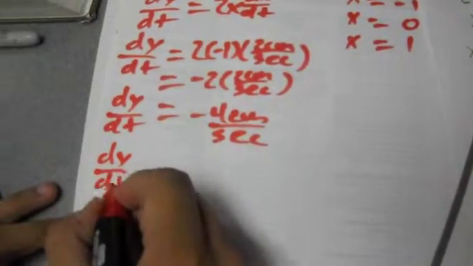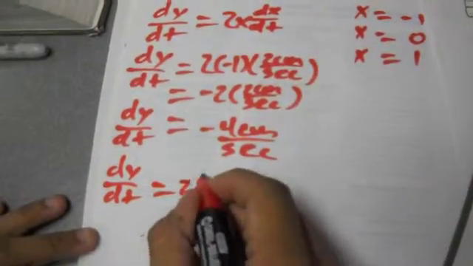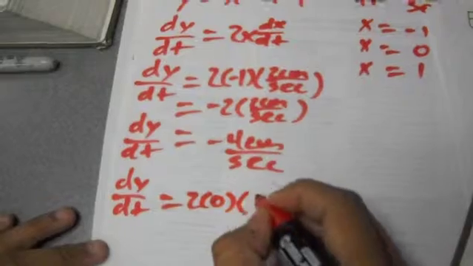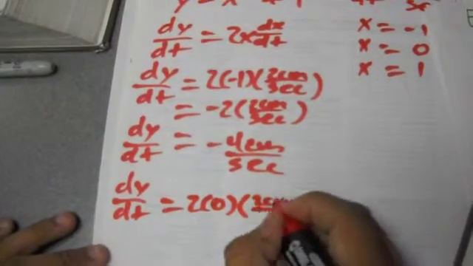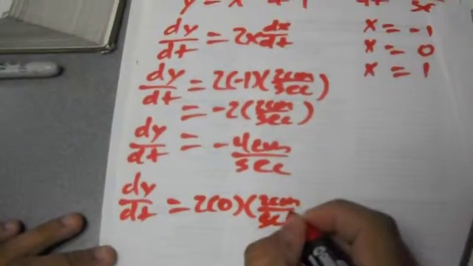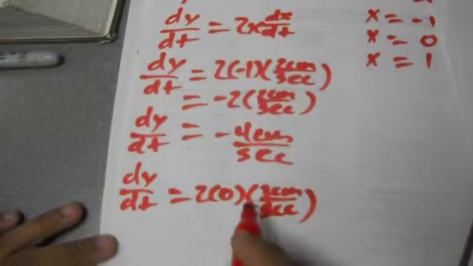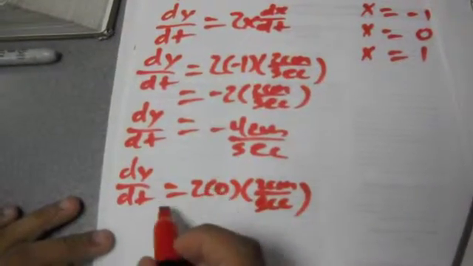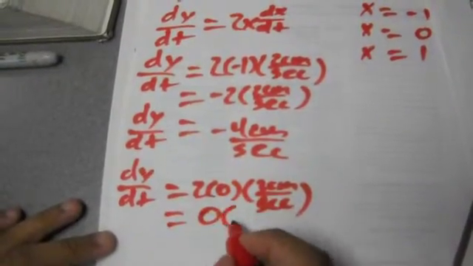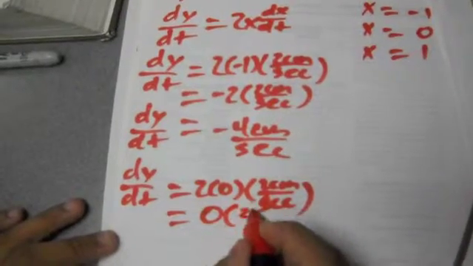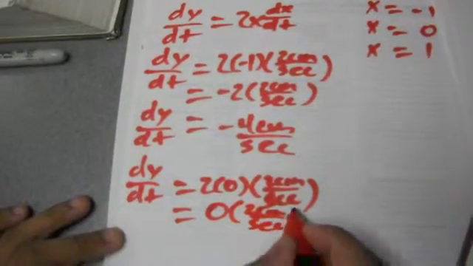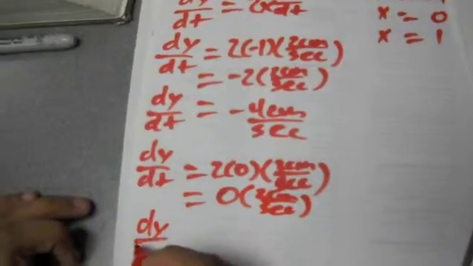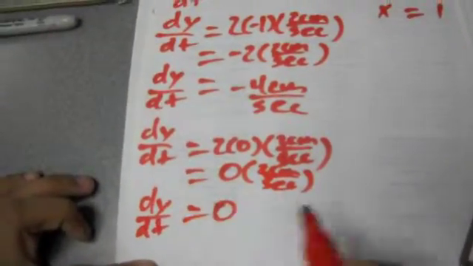It's basically the same thing: 0 times 2 centimeters per second. But the 0 is going to cancel out everything else, so your answer is just going to end up being 0.